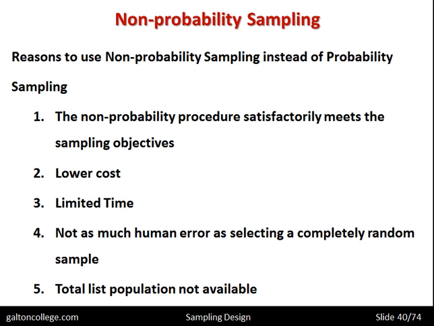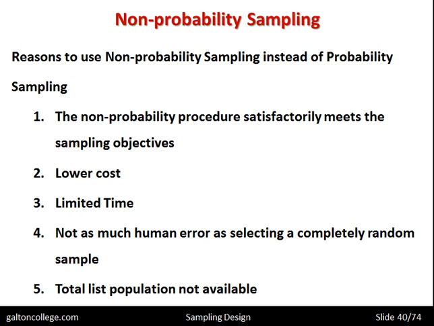With non-probability sampling, the total list of the population is not needed. It just means finding people to answer the questions or get engaged in the process. With random sampling, we'd need a list of everyone, and that may not be available.